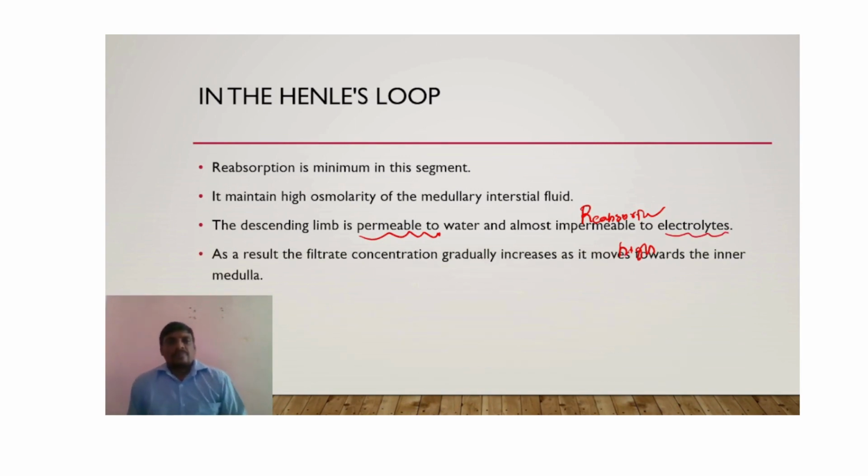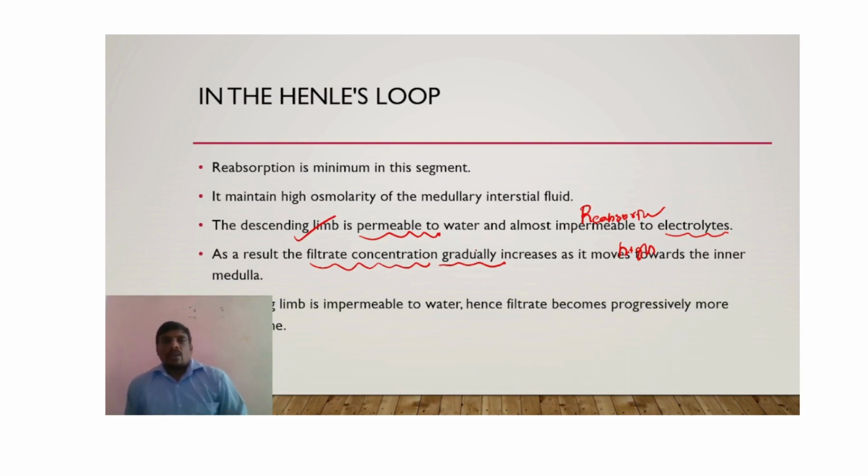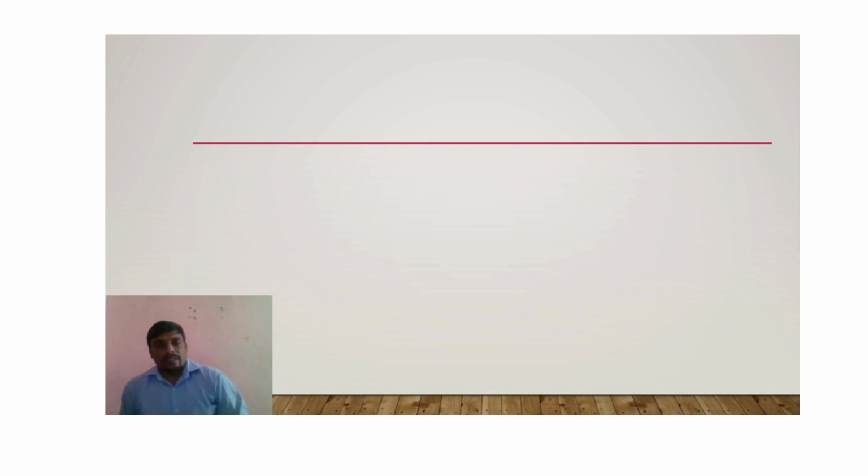Because of this character, the filtrate concentration gradually increases as it moves towards the inner medulla. Now, the ascending limb, opposite to this, is impermeable to water. Hence, the filtrate becomes progressively more dilute due to the presence of electrolytes.